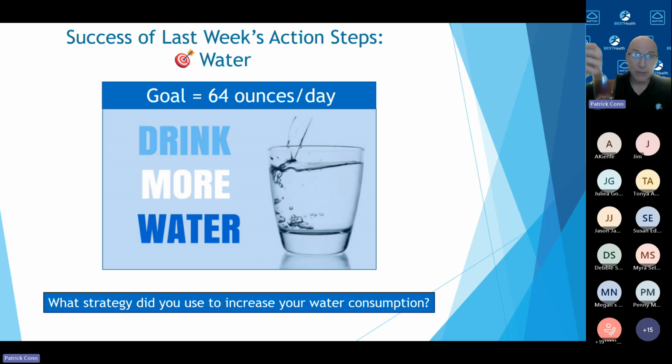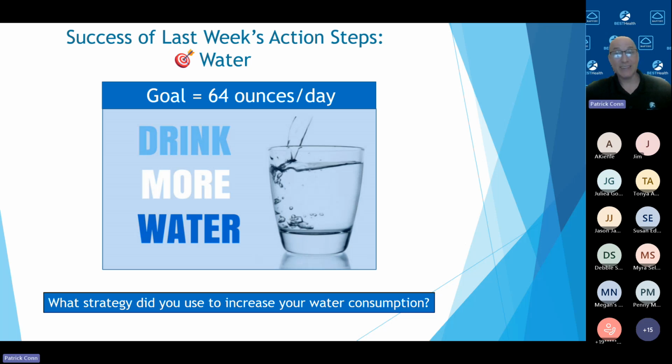And Penny, I'm right there with you. I don't know if you can see with this distorted thing, but I'm drinking my unsweet tea, which I do when I get home at night. Shelly said she took an empty half-gallon milk jug, cleaned it out, and filled it up every morning. Crystal said she bought a 33-ounce water bottle and she refilled it.